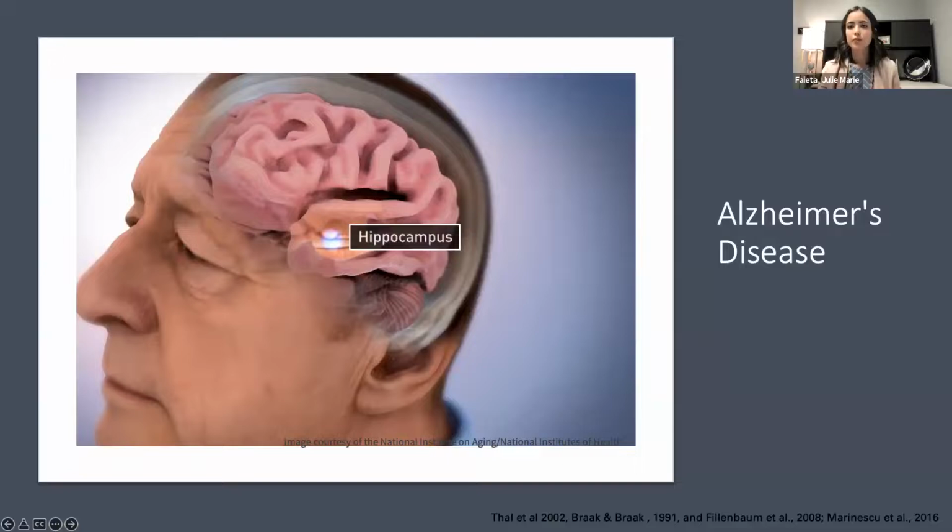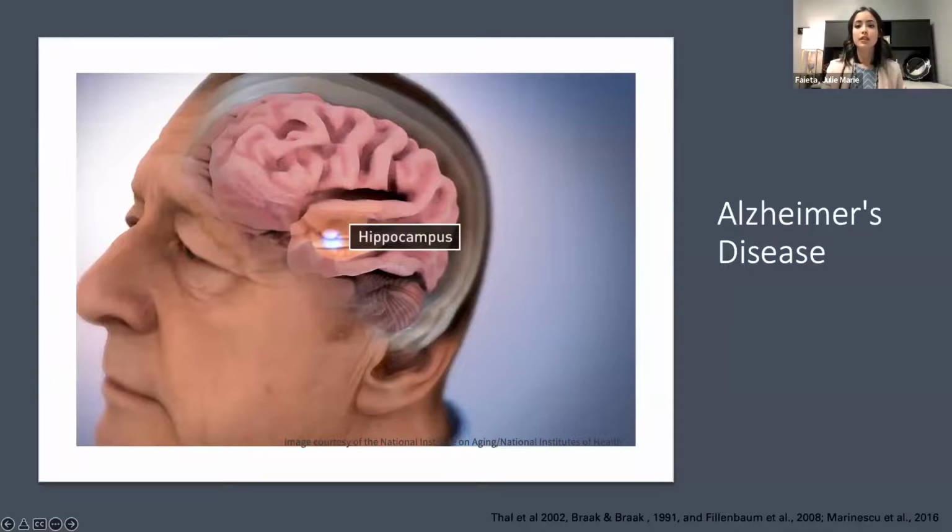Staging was established by Thal et al. 2022, Braak and Braak in 1991, and Fillenbaum et al. in 2008, respectively. Essentially, what these criteria are looking at is the deposition of Alzheimer's disease pathology along a predictable pattern throughout the brain.